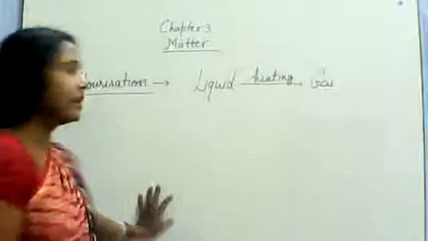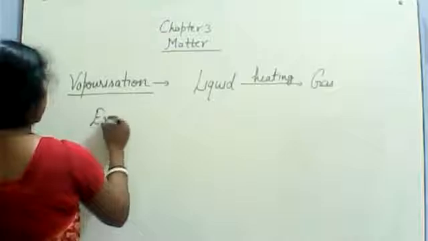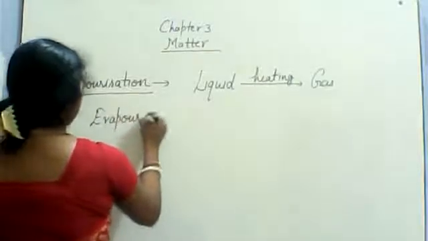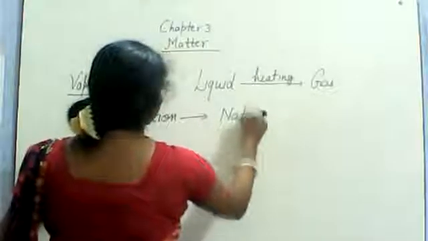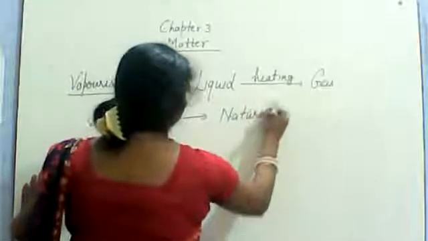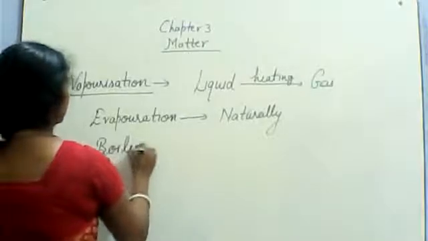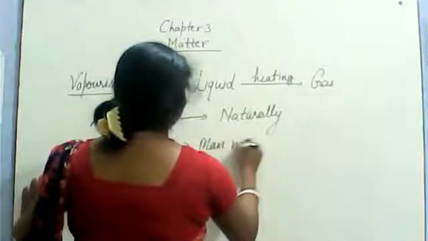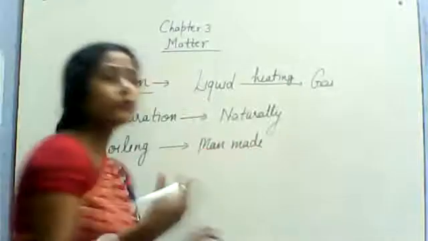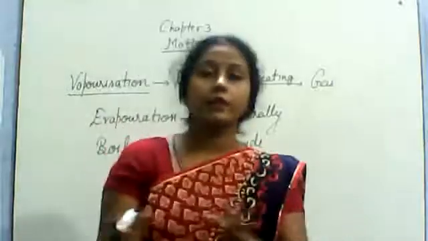This is called vaporization. Vaporization is of two types. First is evaporation, which occurs naturally. And second is boiling, which we do. Evaporation occurs naturally in rivers, lakes, and water bodies.